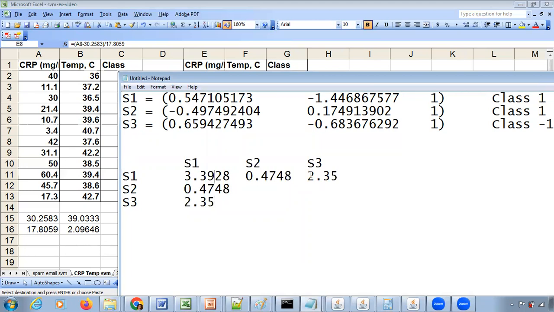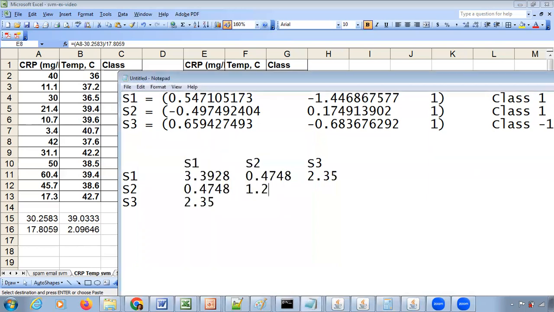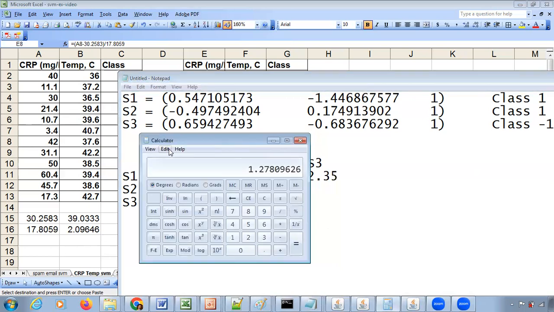So now you just have to do S2 times S2. So it's 0.4975 square plus 0.1749 square plus 1. So it's 1.2781. Then S2, S3 is going to be, this is minus plus, so 0.4975 times 0.6594.